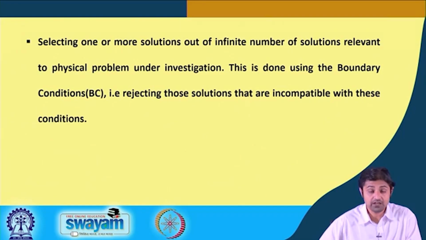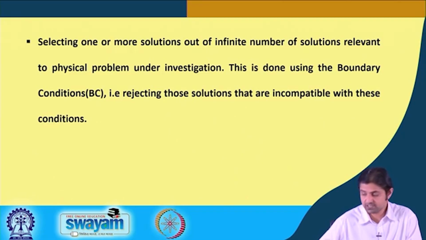Secondly, we write down the mathematical equation or a differential equation that must be satisfied in the entire domain. And third, we have to select only one or more solutions, let us say 1, 2 or 3 solutions, out of an infinite number of solutions that are relevant to the physical problem, the real problem, and this is done by using boundary condition.